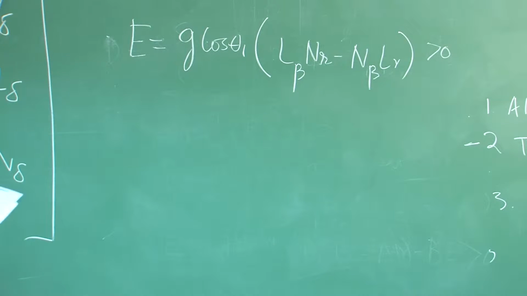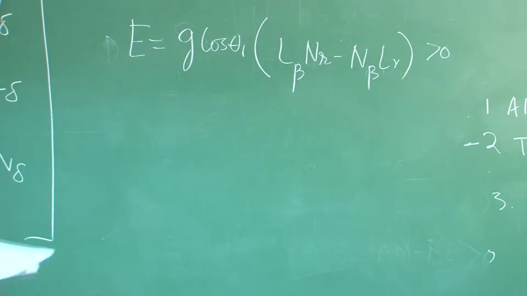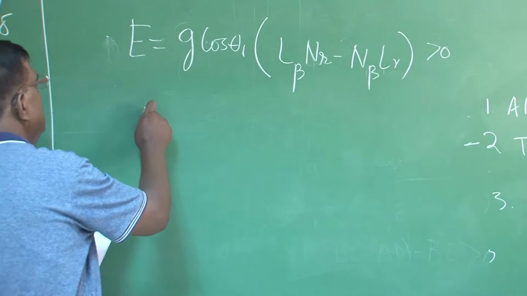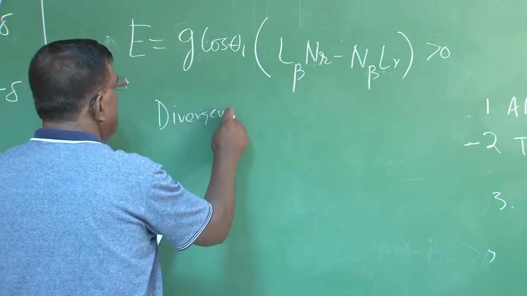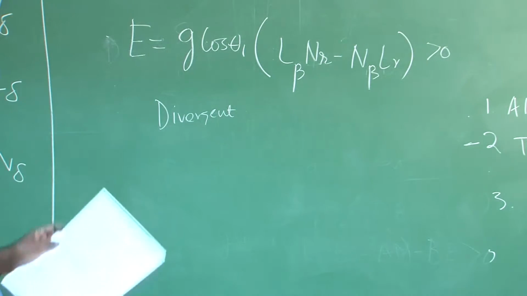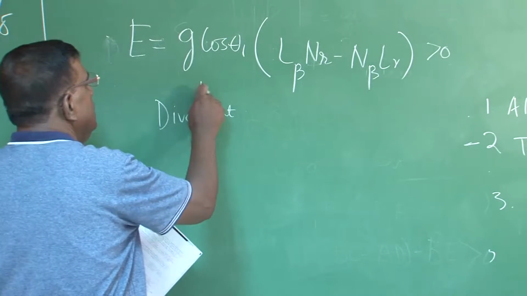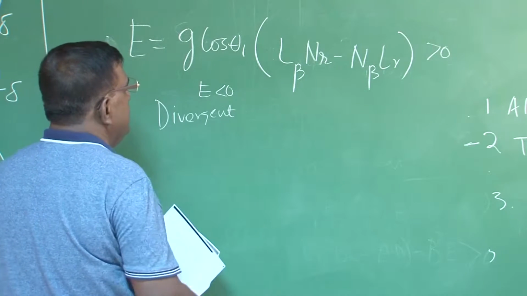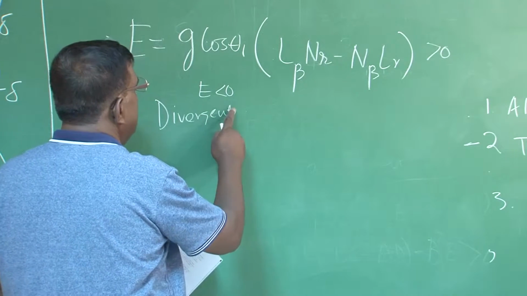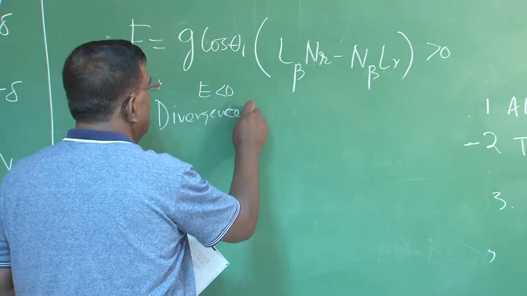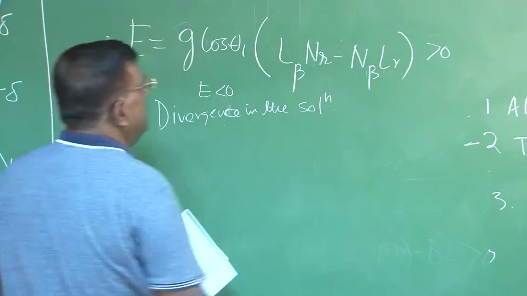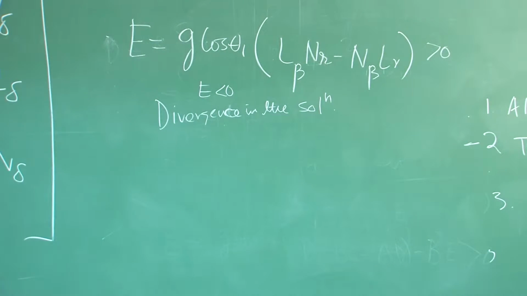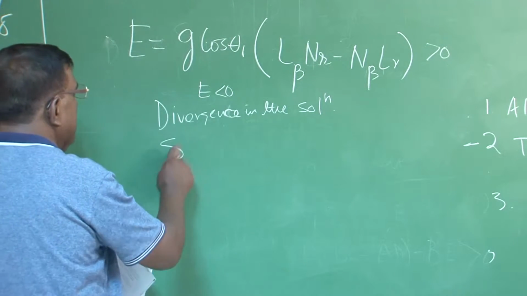What is seen is that if it is not greater than 0, then in time domain there is one divergent root. On divergent, what we found is that if E is less than 0, then we find there is a divergence in the solution, which suggests dynamic instability, and that is typically the spiral divergence.